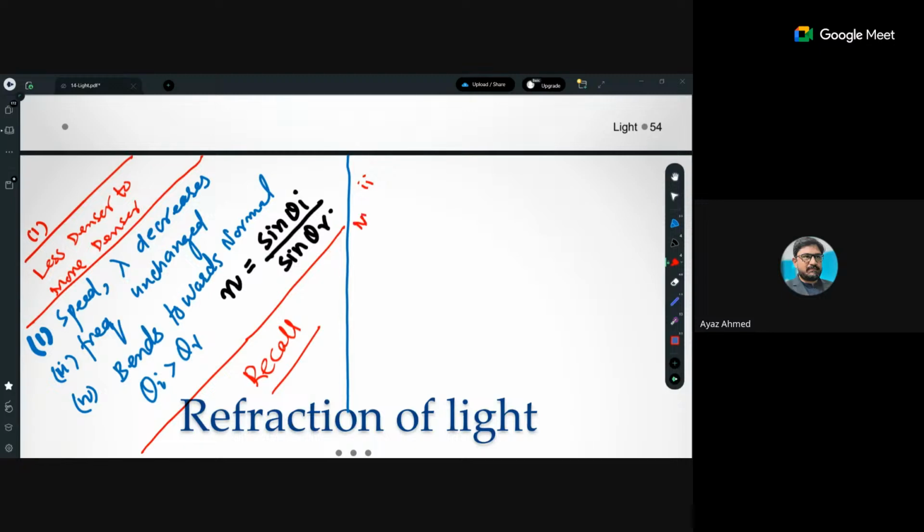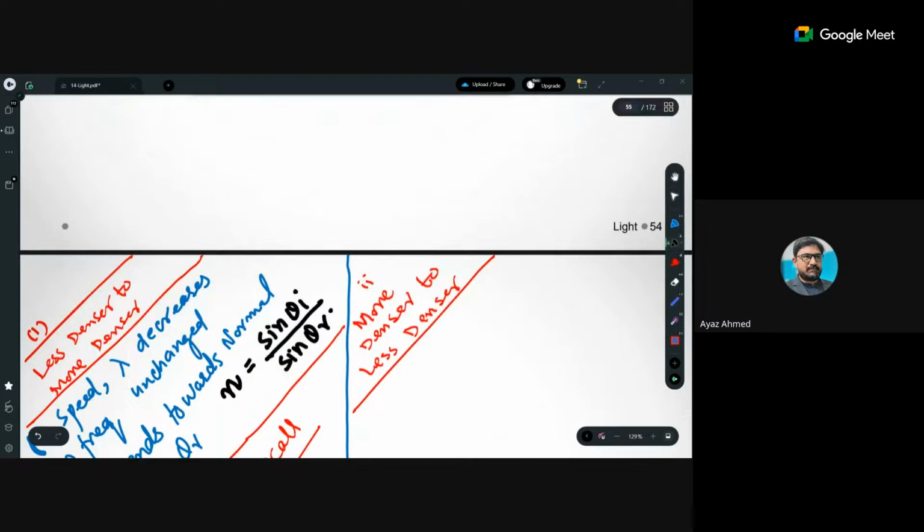So, secondly, more dense to less dense. More dense means glass to air. Are you getting my point? The first mechanism is air to glass.